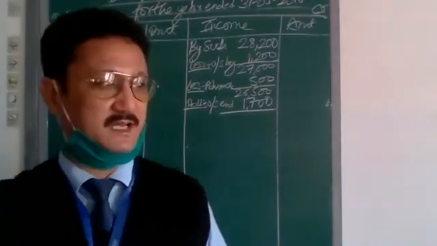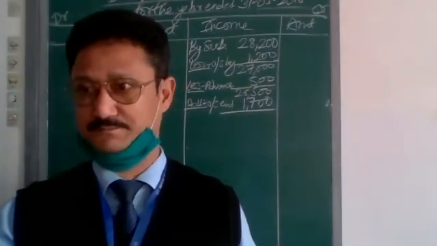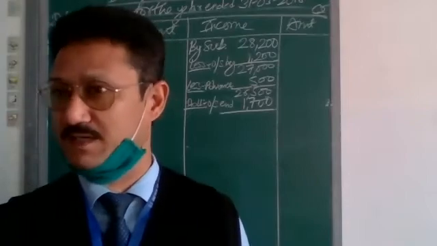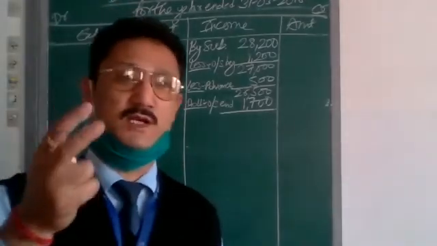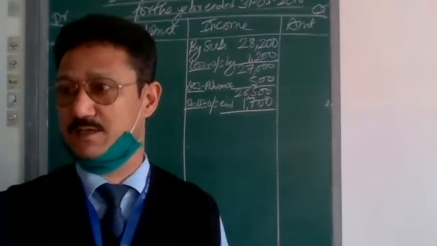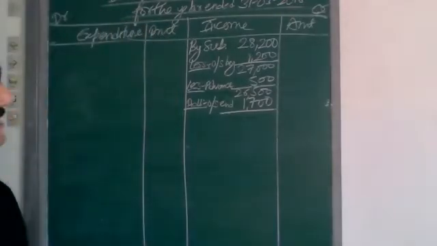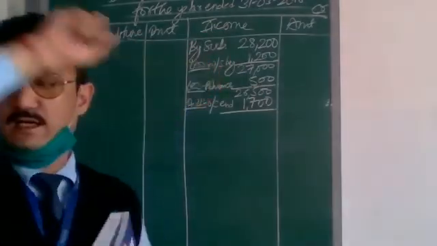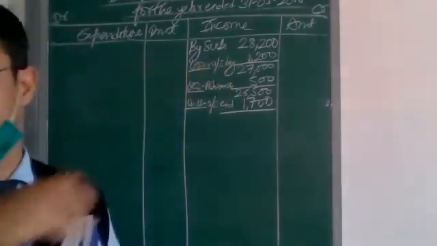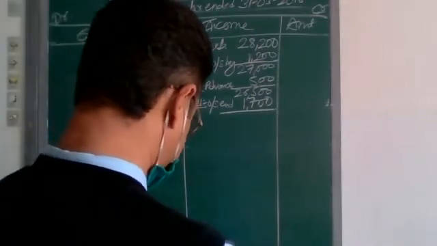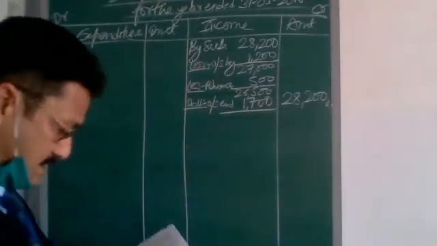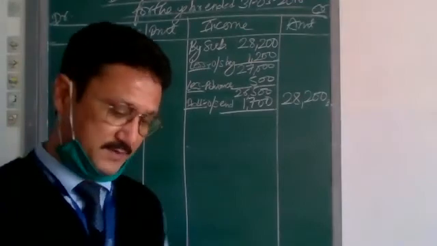It means 800 of the previous year is still outstanding, and in the additional information the current year total outstanding subscription is 2500, which includes 800 of the previous year. So this year's subscription outstanding is only 1700. This point is of 1 mark, and the opening balance sheet is about 1 to 1.5 marks. You will subtract this from it. Okay, then you have by sale of newspaper 1,250.